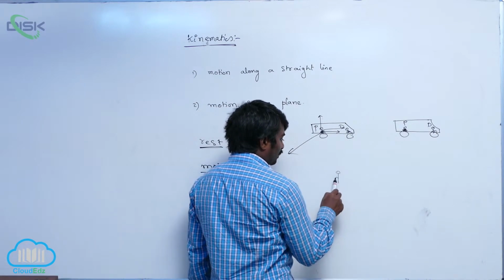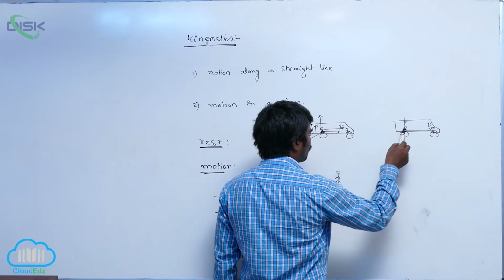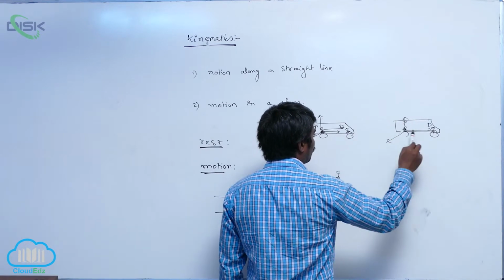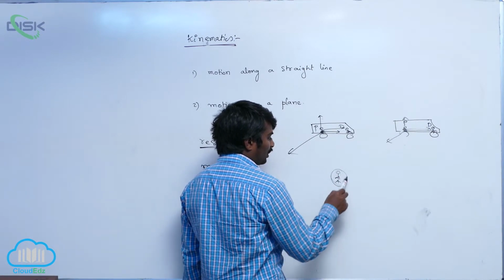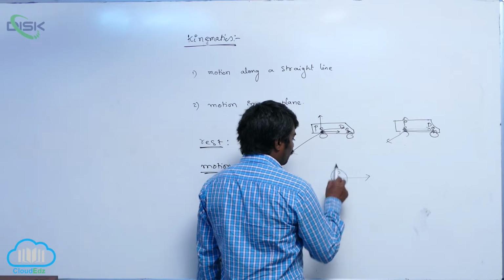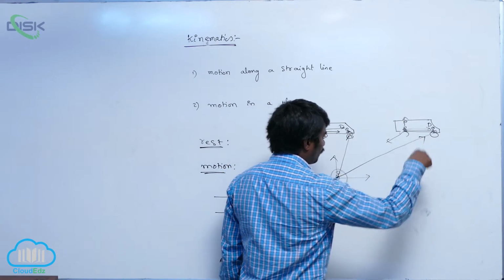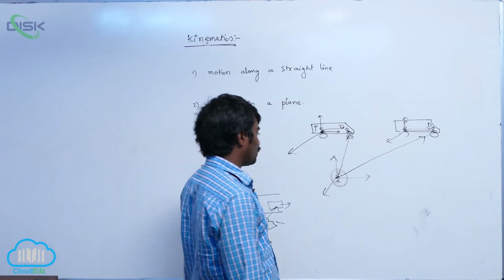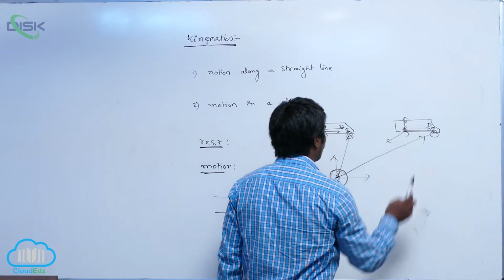Here also the position vector is not changing with respect to this reference frame, that's why with respect to the passenger reference frame, the driver is at rest only. Suppose you consider the person standing on the ground, and with respect to his reference frame you take the position vector of the driver. The position vector of the driver is changing with time with respect to this reference frame. So with respect to this reference frame, the driver is said to be in motion.